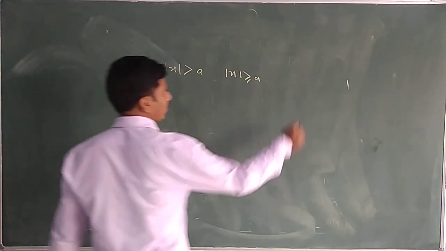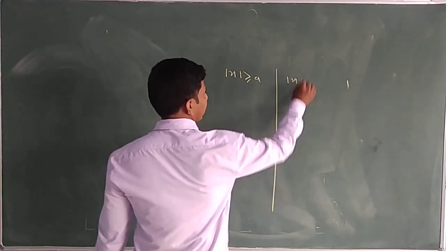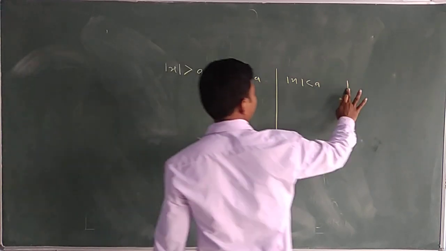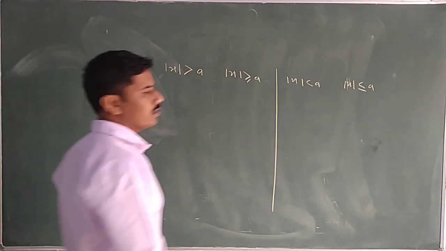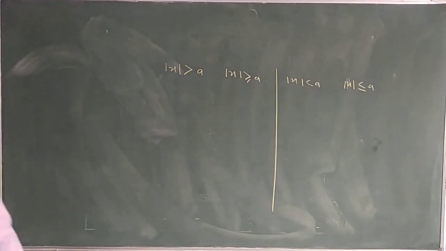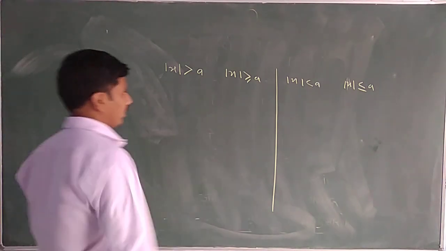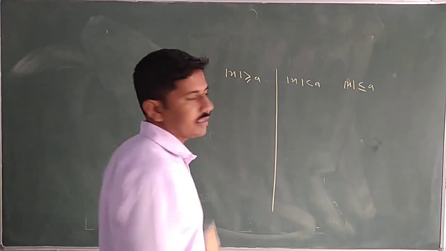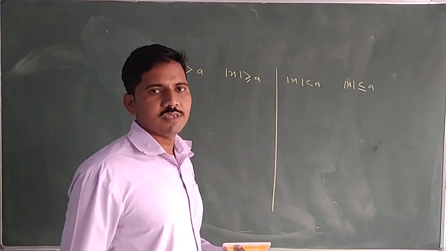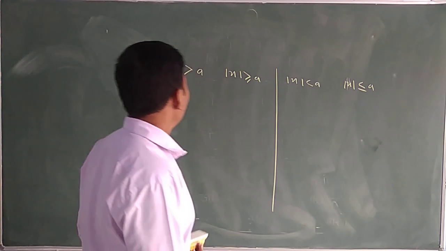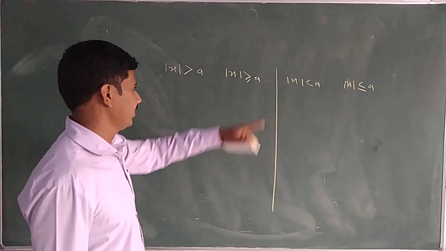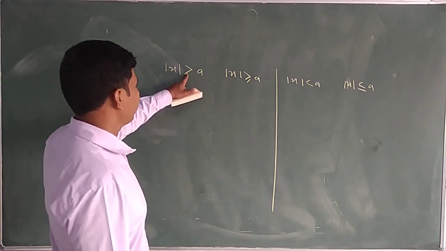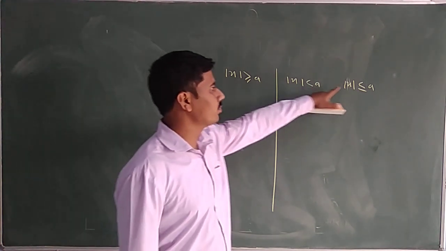Another way is modulus of x is less than a, and modulus of x is less than or equal to a, where a is any positive real number and x is a variable which possesses any real value. We consider a as a positive number in all four cases. Here the greater than symbol is there and here the less than symbol is there.